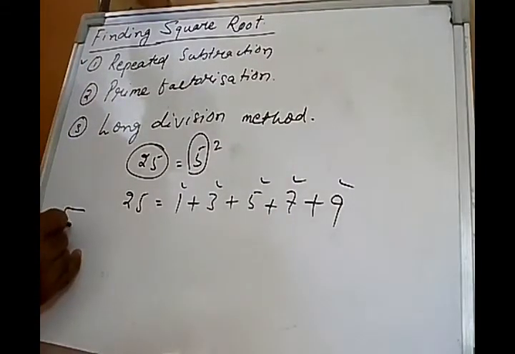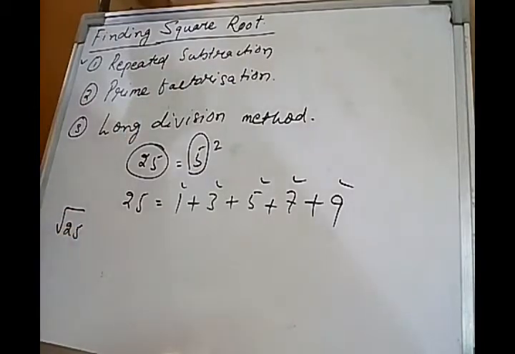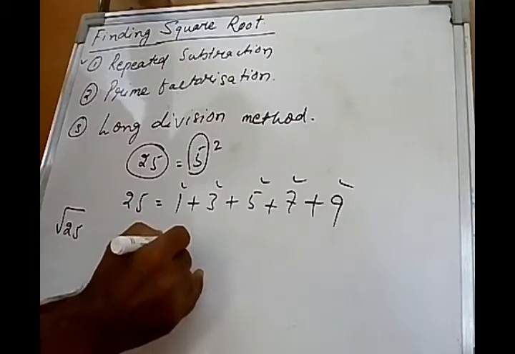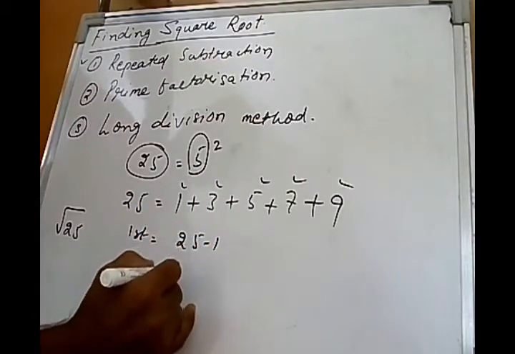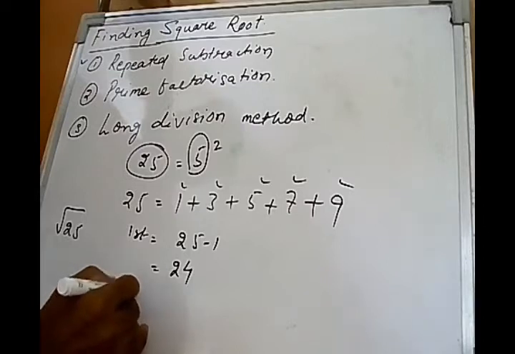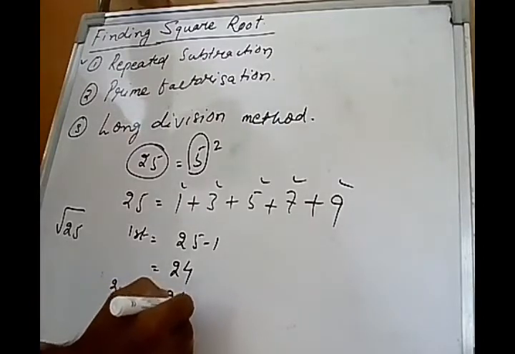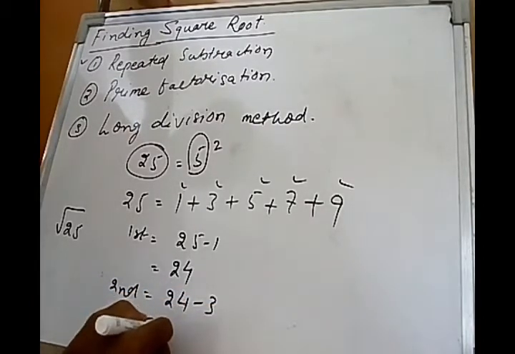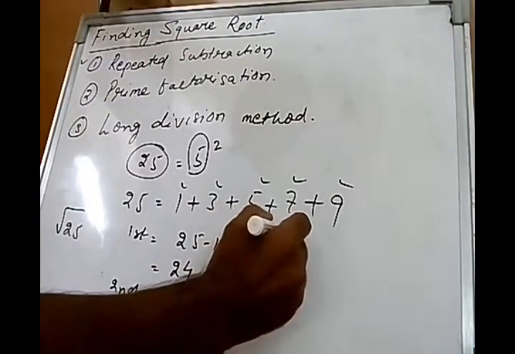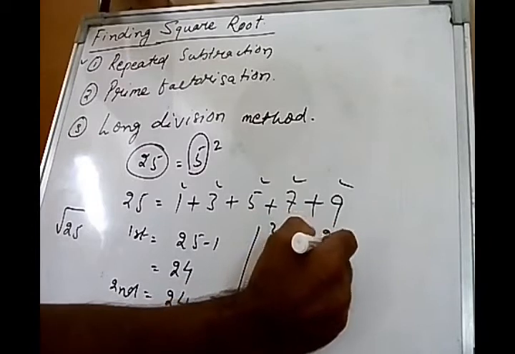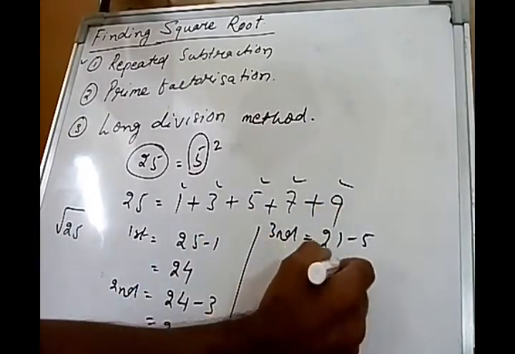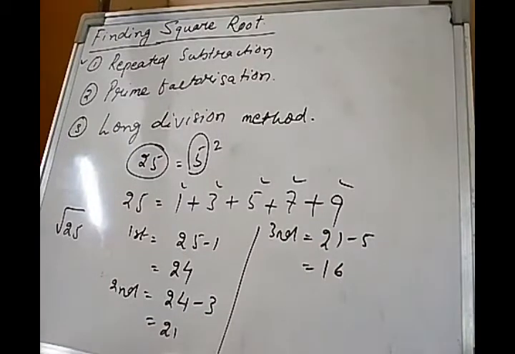Square root of 25 we are going to find out by repeated subtraction. First, 25 minus 1 equals 24. Then second, 24 minus 3 equals 21. Now third, the remainder is 21. 21 minus 5 equals 16.